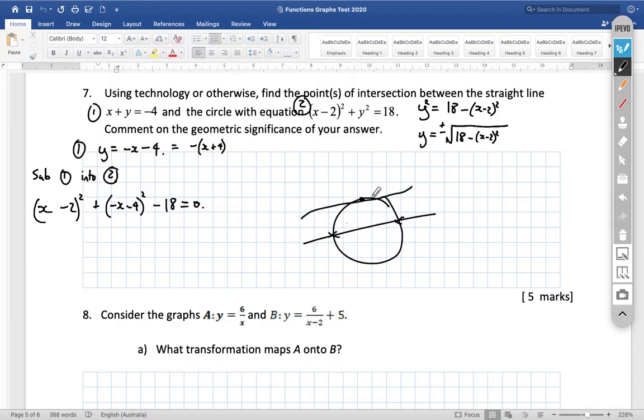So it's hard to draw, sorry. Single point, or the line misses the circle altogether, no solutions. We'll find out if we get two solutions or one solution. Presumably there is at least one solution. And if I set up a quadratic equal to 0, that makes it easy to solve.